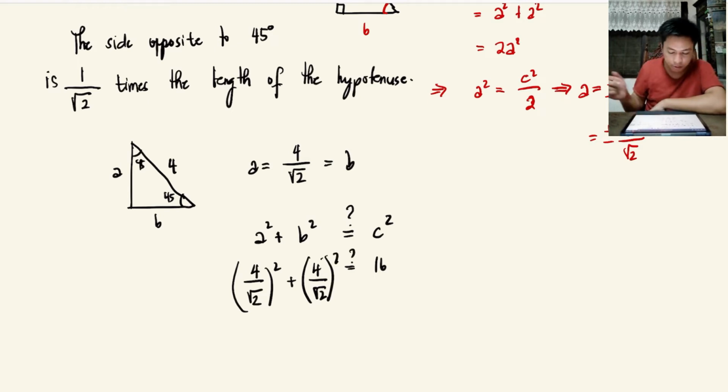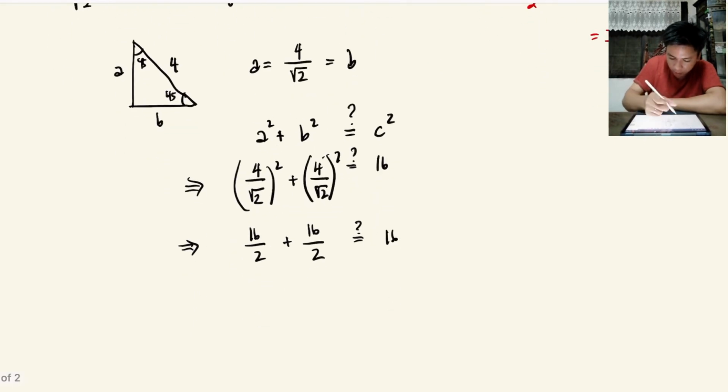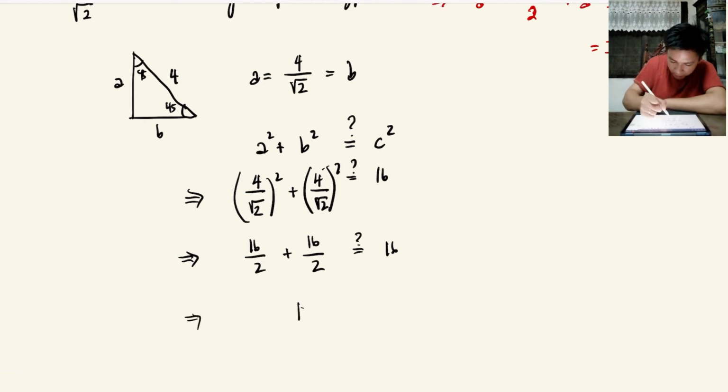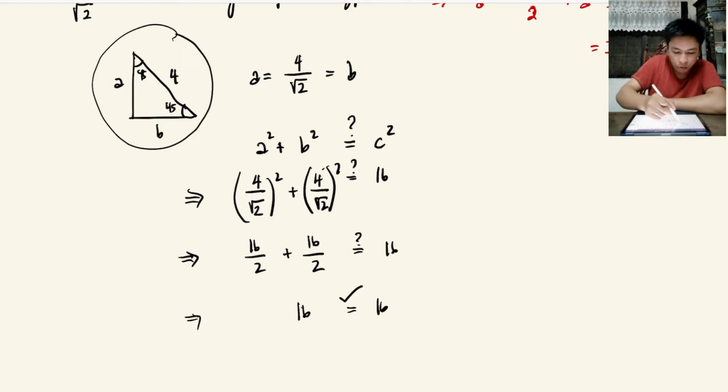So this is still a question mark. Now, what is (4 over square root of 2) squared? That's the same as 16 over 2 plus another 16 over 2, and that's 16. So this is the same as 16, and this is also 16. So therefore, this is true.